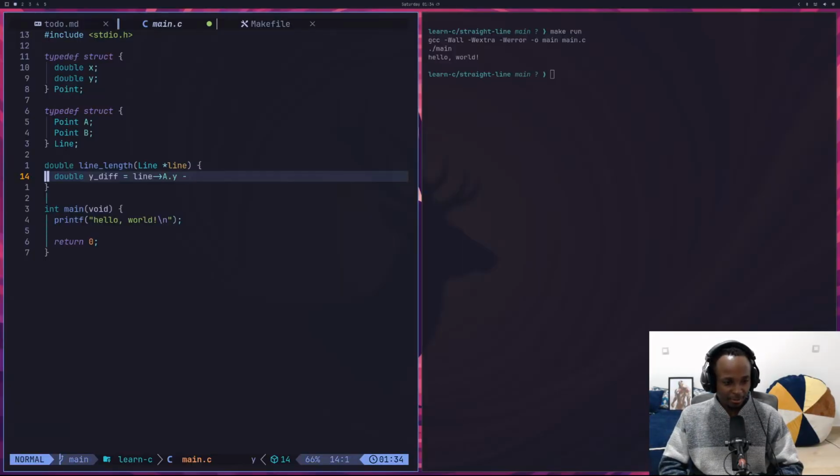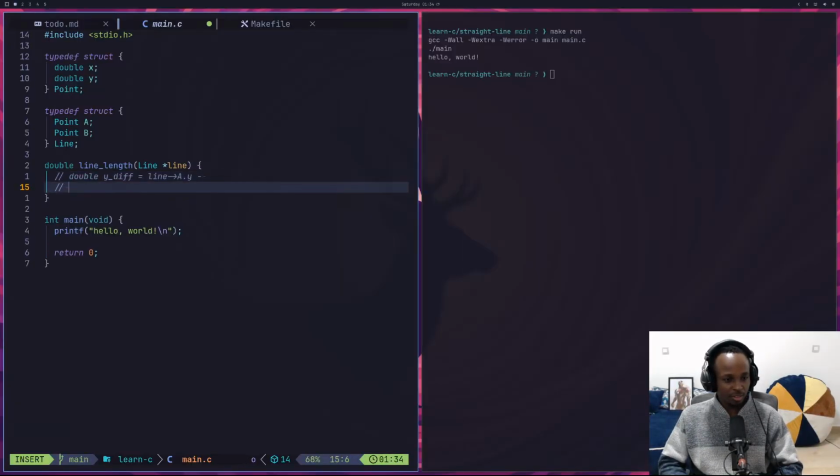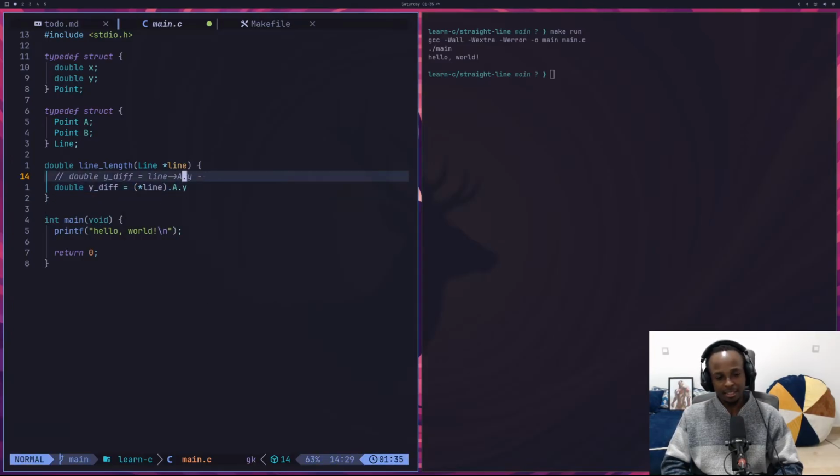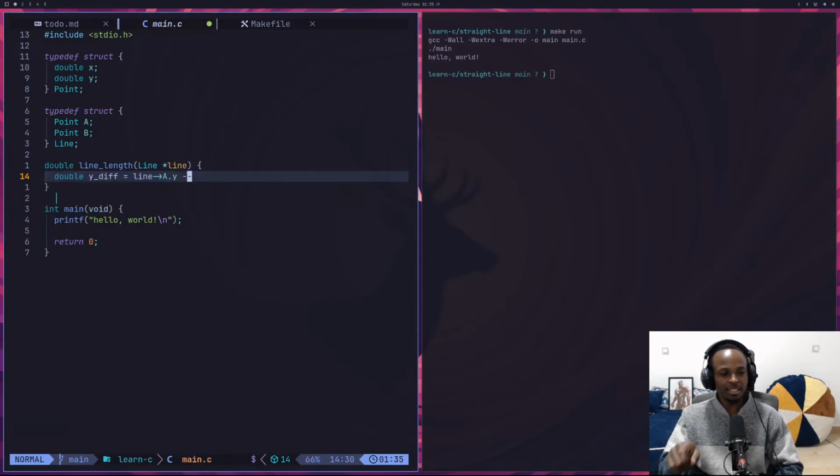It's the same as doing double y diff, and then we dereference it and then we do dot a dot y. But I think I've seen most people just do line and then you access the property a, or rather the value of a, and then a is a point.